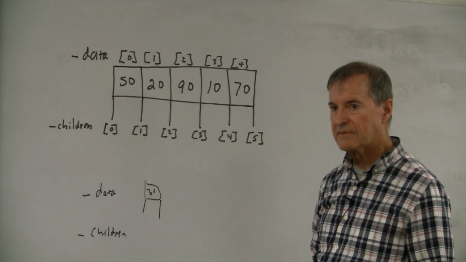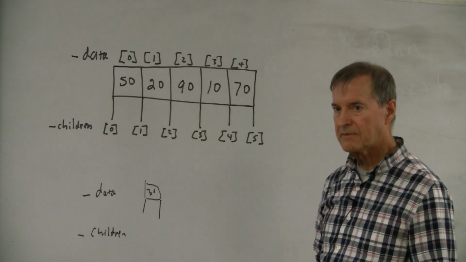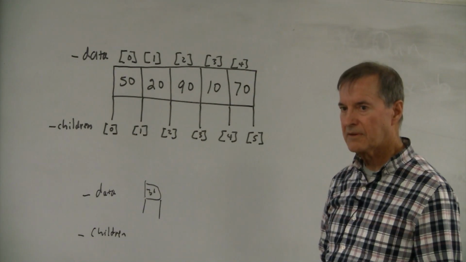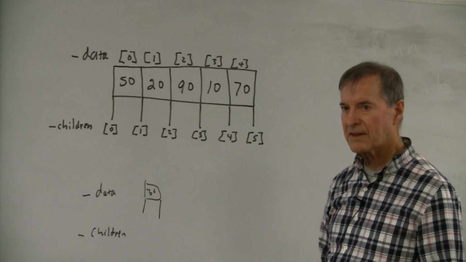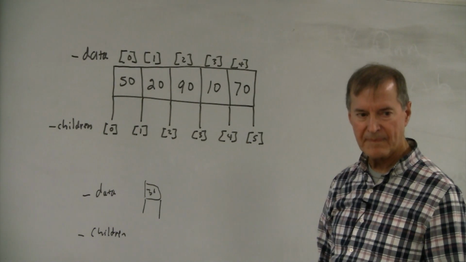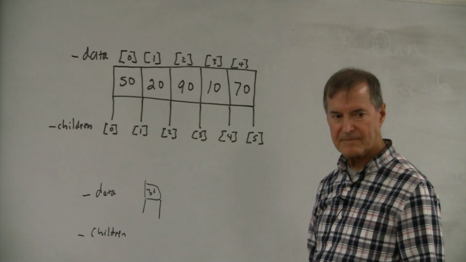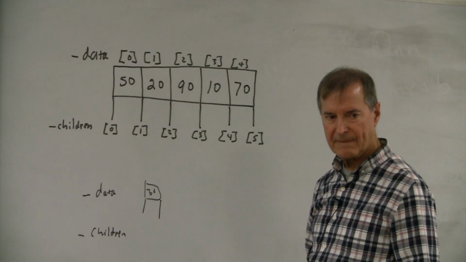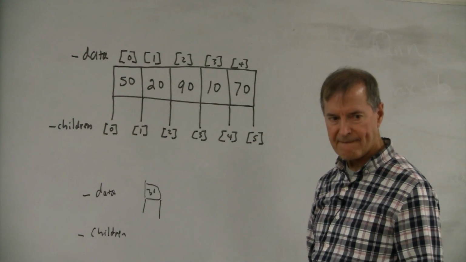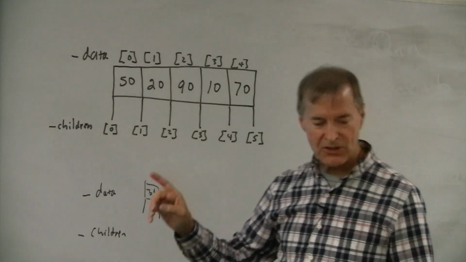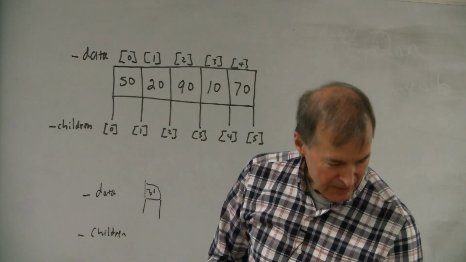Is there any connection between the data and the children, or is there no specific append that does that? Even after the append has happened, the data and the children are not connected? Well, yes, they are, because let's go back to here.